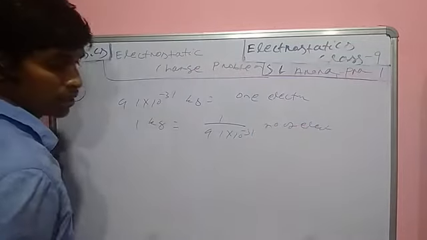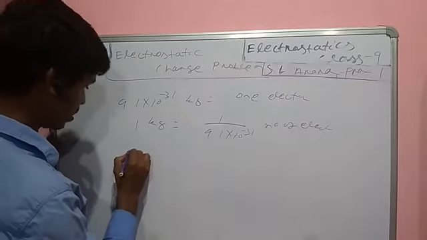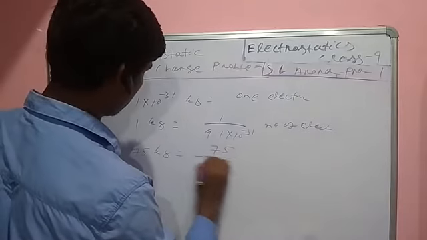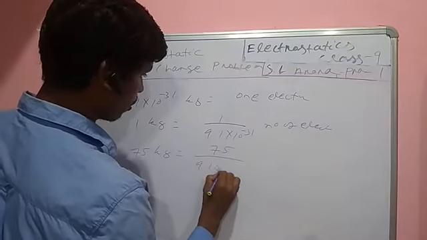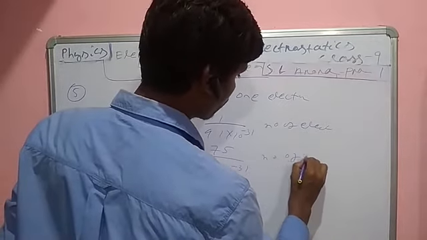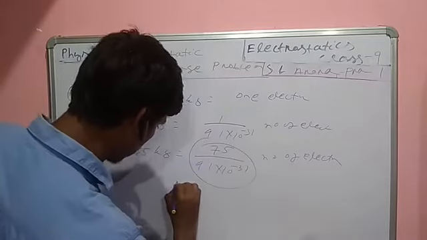Given 75 kg of electrons, that means 75 by 9.1 into 10 to the minus 31 number of electrons. That is the total number of electrons N.